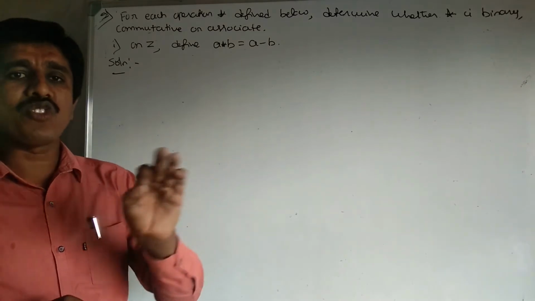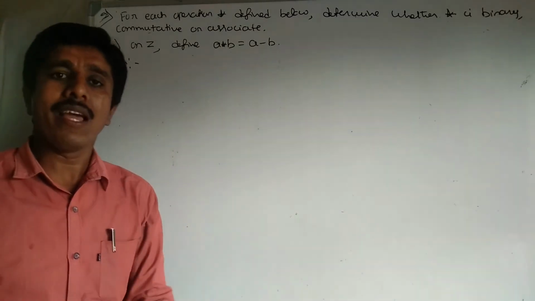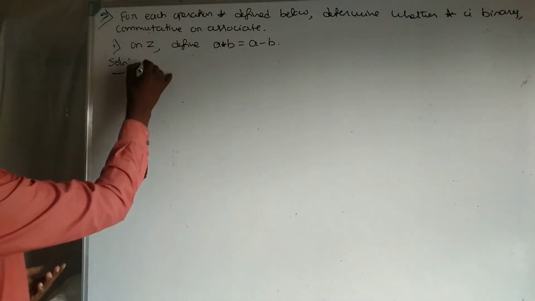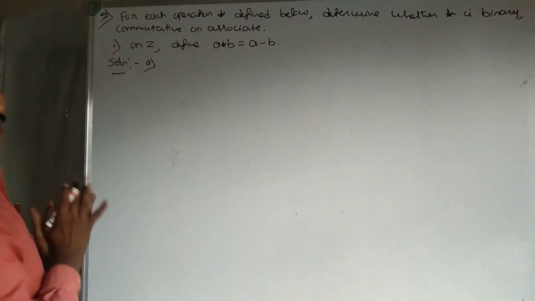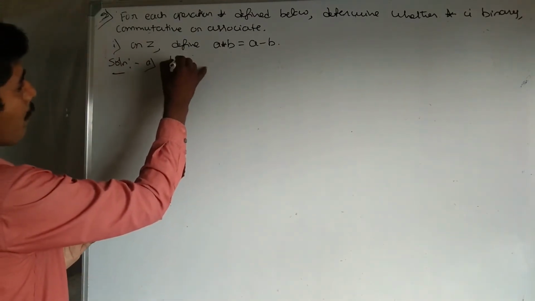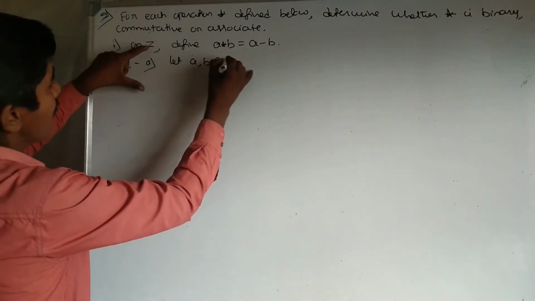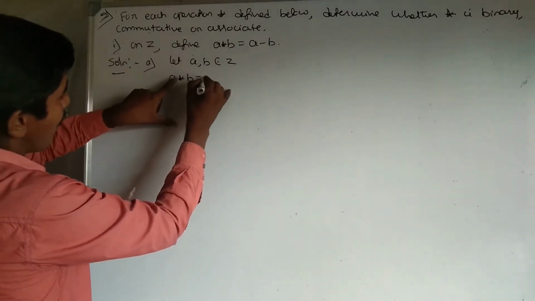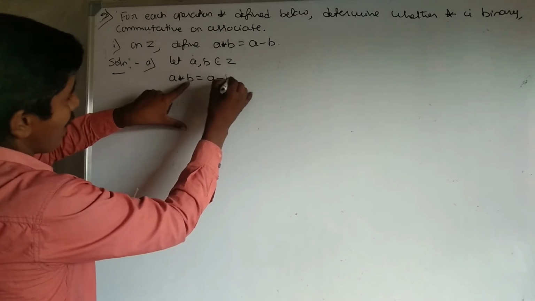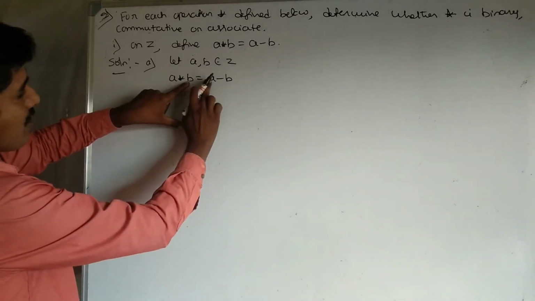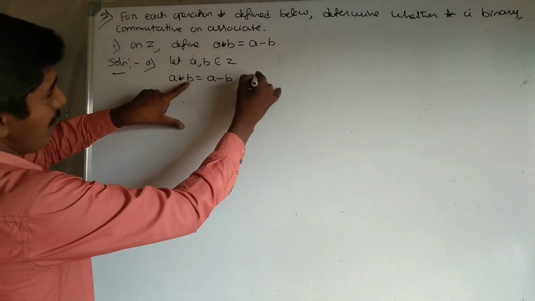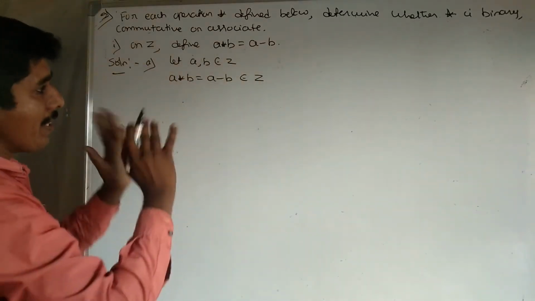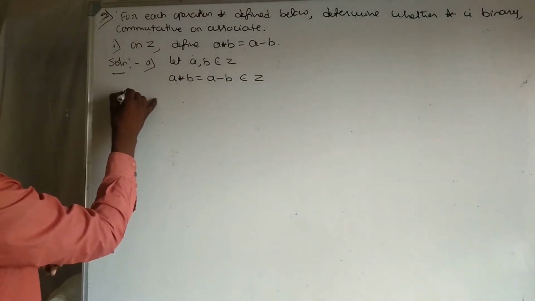Therefore star is a binary operation on the set of all integers. Let a, b belong to Z. Clearly a star b means a minus b, the difference of two integers, is again an integer, not a positive integer.